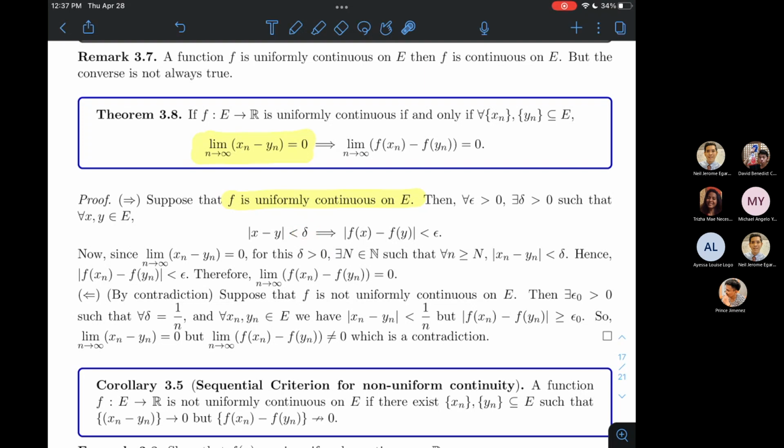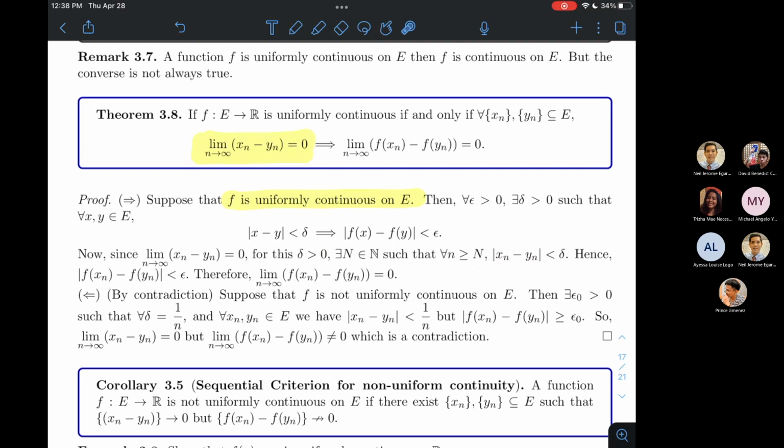So for that specific delta, okay, which is greater than 0, we can find a starting index such that after that index, yung x sub n minus y sub n minus 0, remember, ito yung sequence, ito yung limit, all right? So kapag malaki na yung subscript, yung x sub n minus y sub n minus 0 will be less than delta. Alright? Kasi 0 yung limit ng xn minus yn, so nawala lang siya doon. Pero yun yung kung bakit nakuha natin ito. Then, nakita ko ngayon, ang absolute value ng xn minus yn ay mas maliit kay delta.